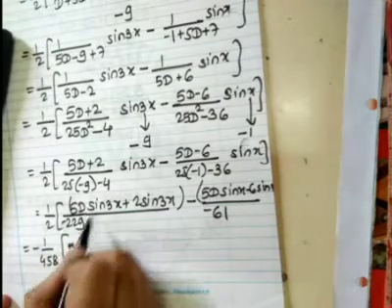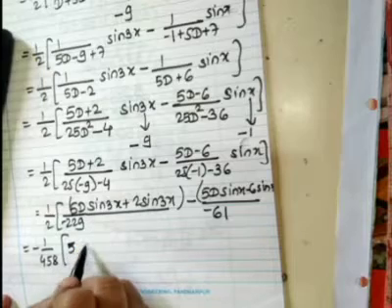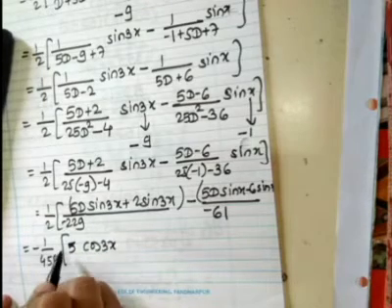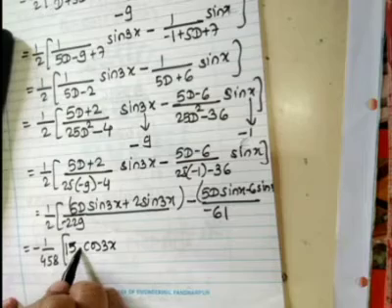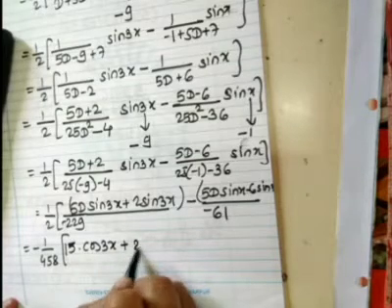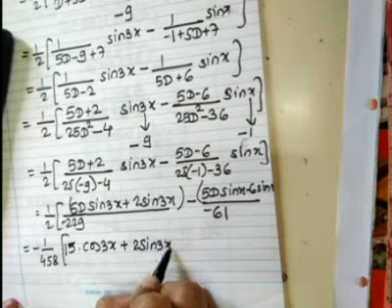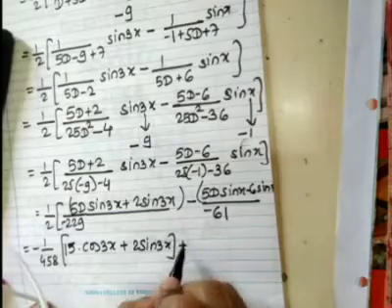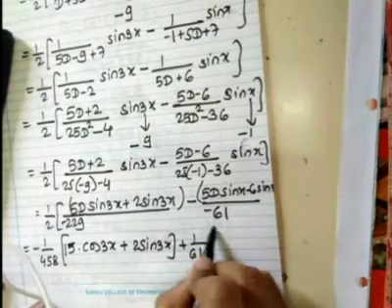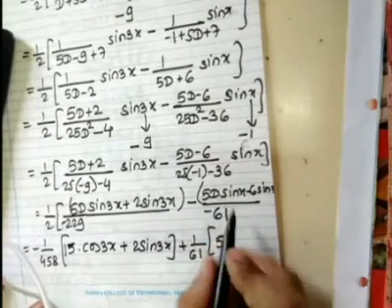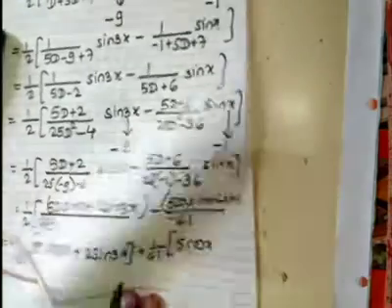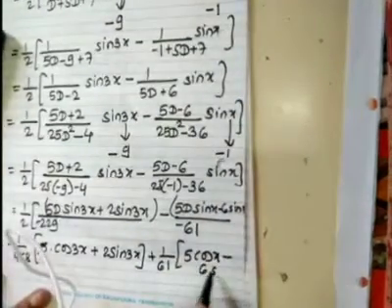5 into the derivative of sin 3x, cos 3x into 3. So it is 5 into 3, 15. So 15 cos 3x plus 2 sin 3x. Next it is minus minus plus 1 upon 61, 5 into the derivative of sin x, which is cos x, minus 6 sin x as it is.